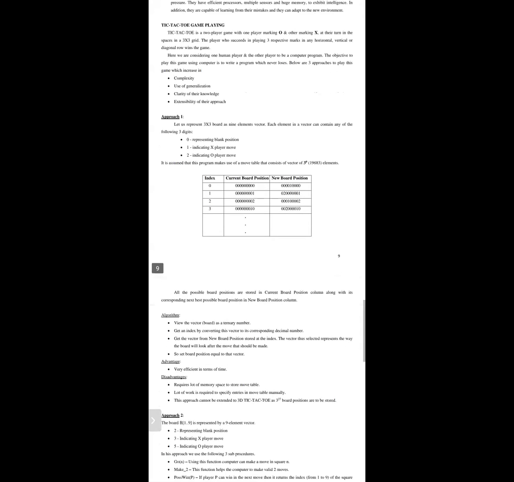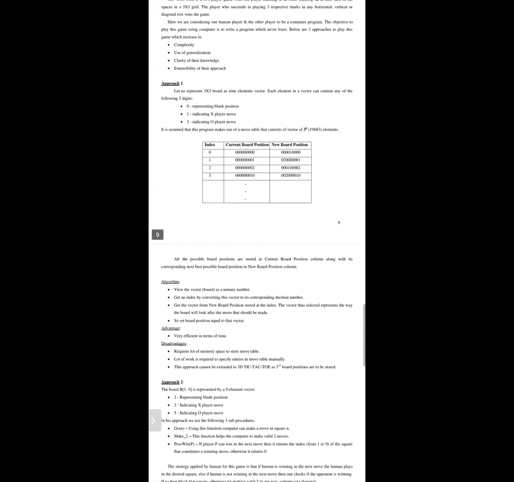Coming to the approaches, the first approach is to represent a 3 into 3 board as 9 elements.